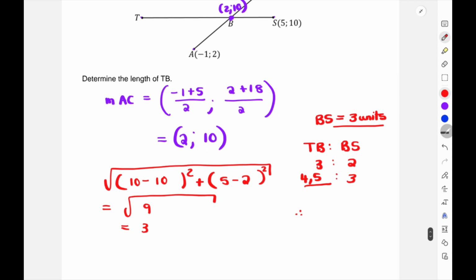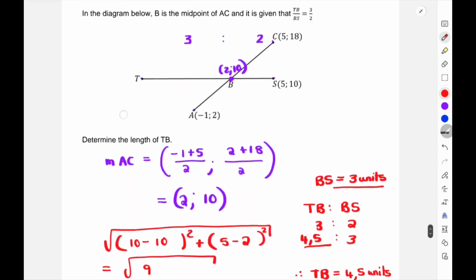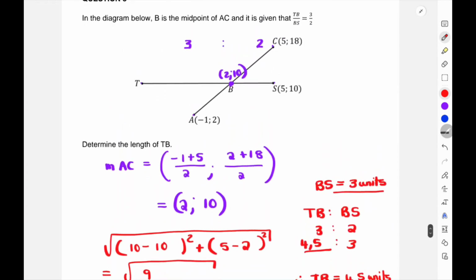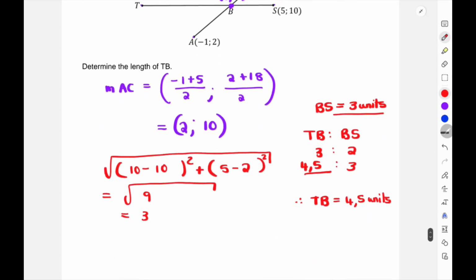Thus, TB is equal to 4.5 units. Okay, I hope that makes sense. Let's just see, is the midpoint of AC given? Determine the length of TB, and we've got the length of TB. So again, every time you've done a sum, just go double check, did I answer what they were asking?